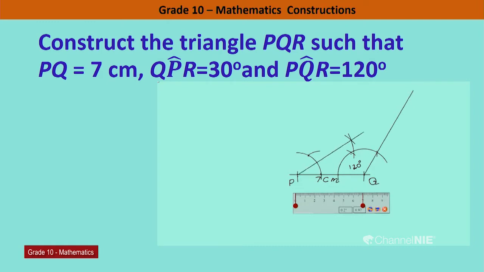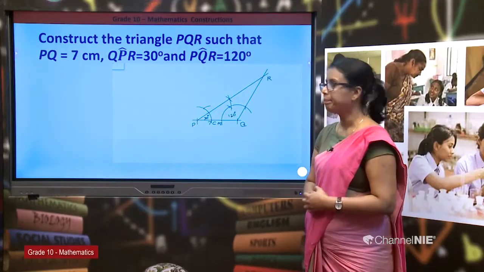Let us join those 2 points, P and the new point. Here we found another point, 2 lines intersecting, there is another point. That line goes through 30 degree. So, children, what is this point? This is the point R. Here we have completed the triangle PQR.